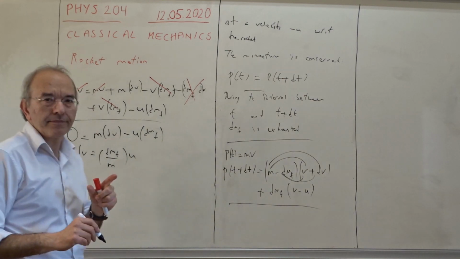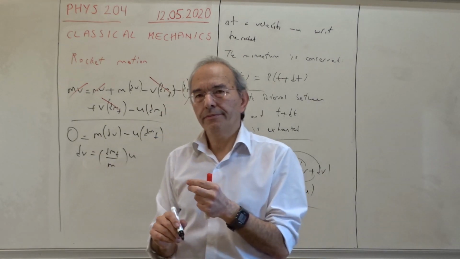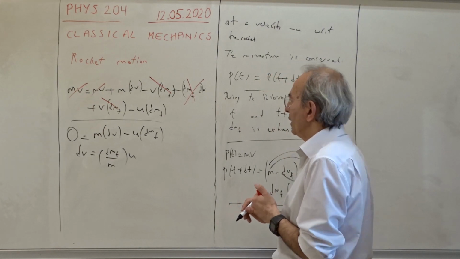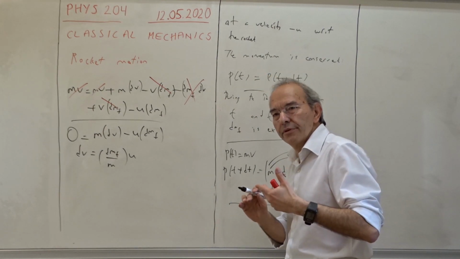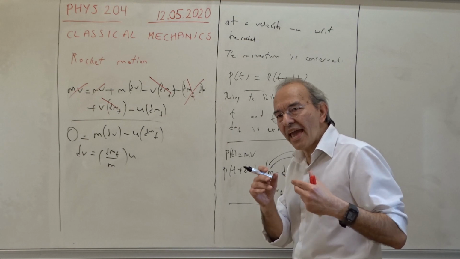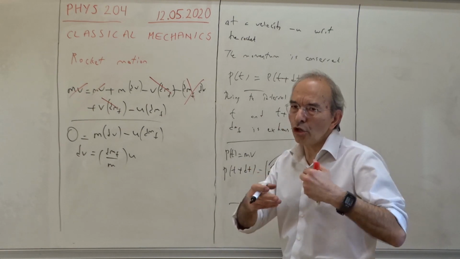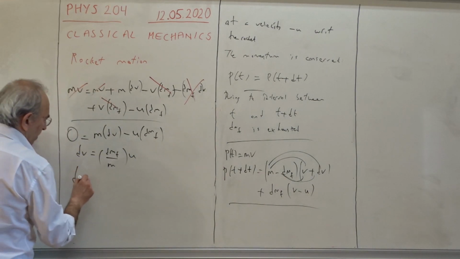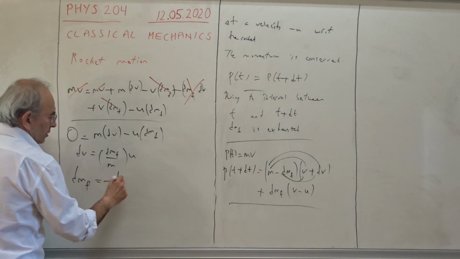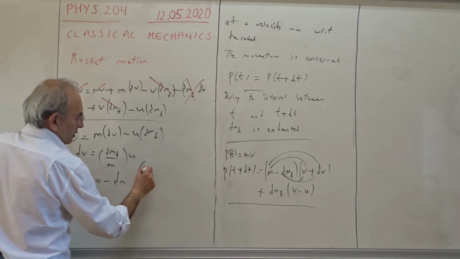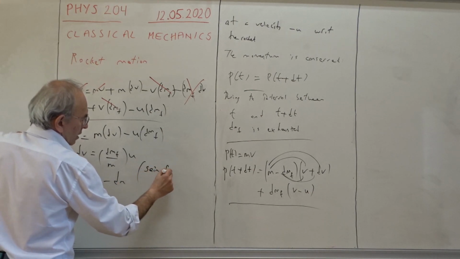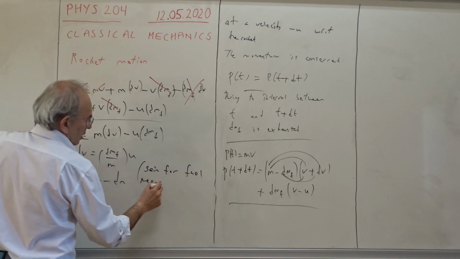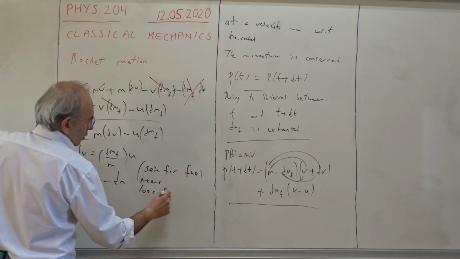But dmf was the mass of the fuel. It's a positive quantity, so we have to write it as negative for the rocket. A gain for fuel means a loss for the rocket. So dmf is equal to minus dm, which means gain for fuel means loss for rocket.